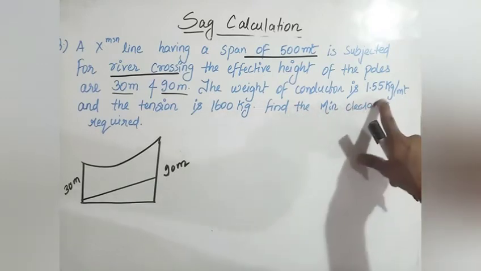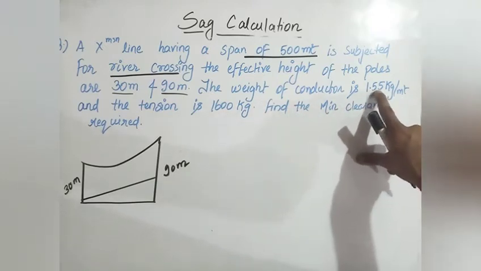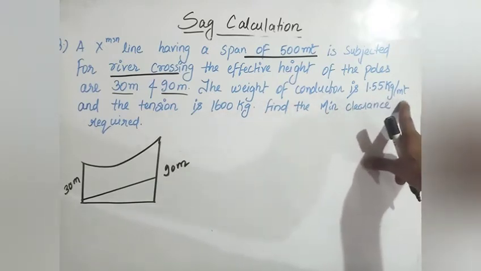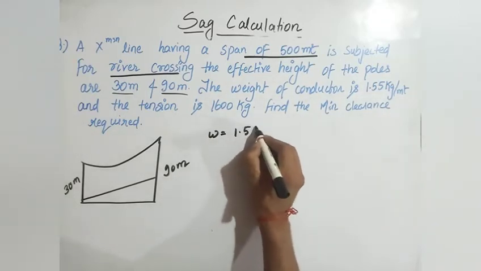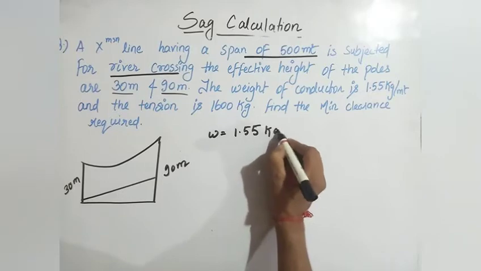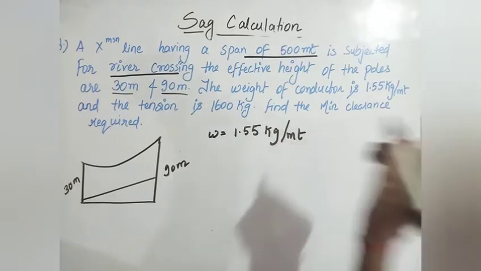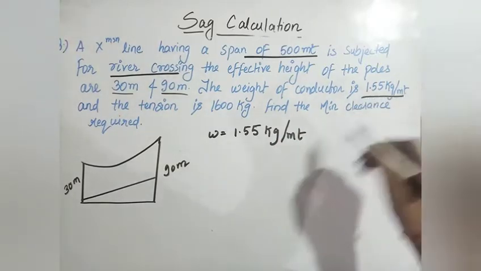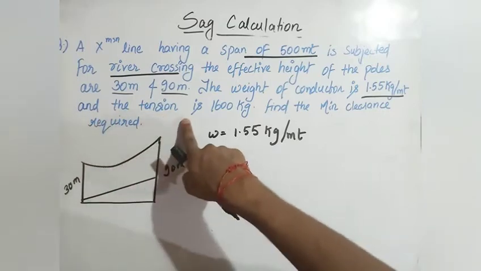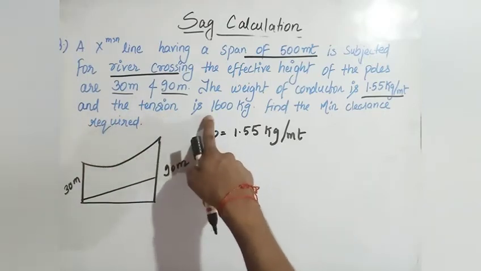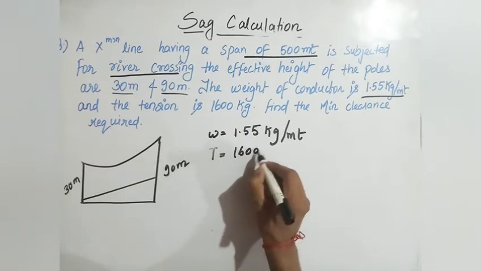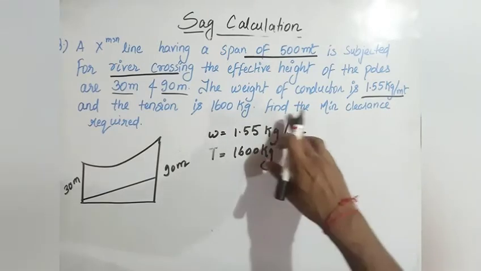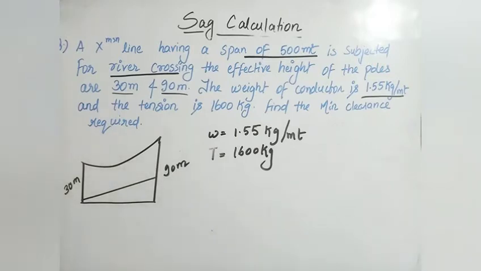The weight of the conductor is 1.55 kg per meter, and given tensile strength is 1600 kg. So T is given as 1600 kg. We need to find minimum clearance.